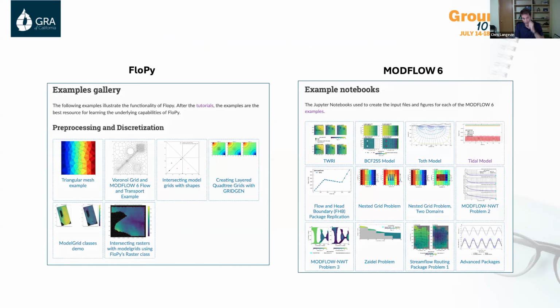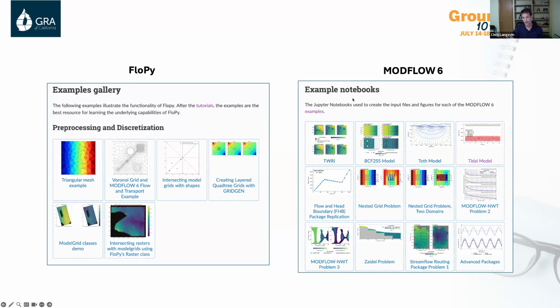There are quite a few examples of using FloPy to build models. I'm sure many of you have used FloPy to some degree, and hopefully you found these. But there are a lot of examples for generating meshes, for how to intersect spatial features with your model grid.